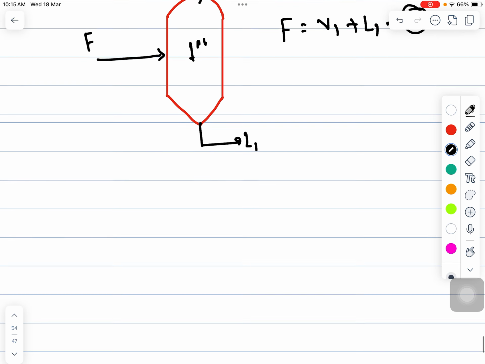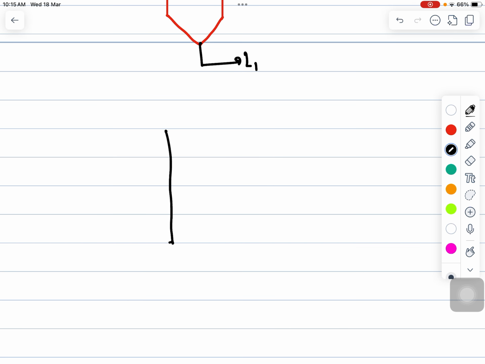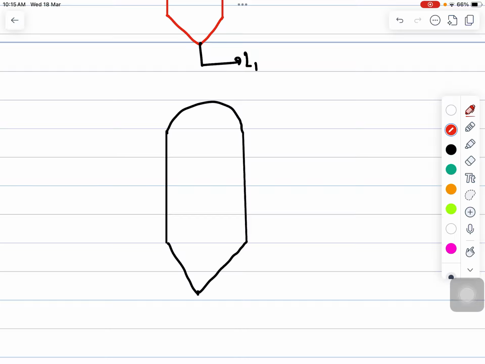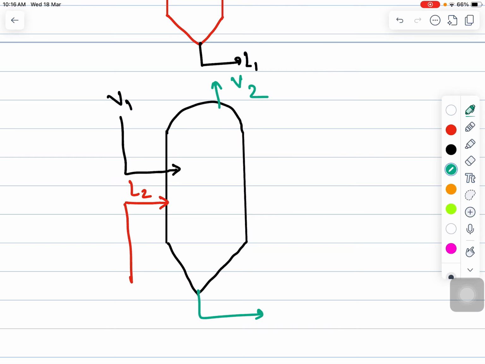And similarly for the second effect as well, if this is my second effect, you will see that L1 is coming in here and V1 is coming in, V2 is leaving, and then L2 is leaving here.